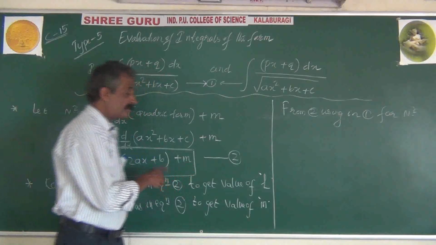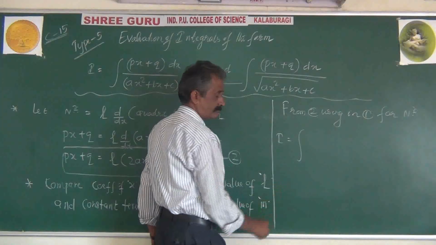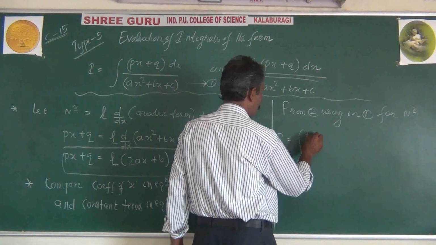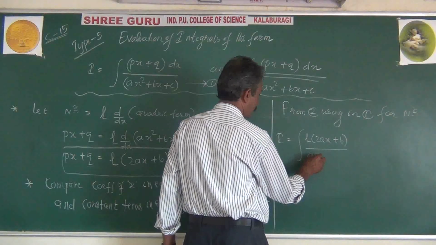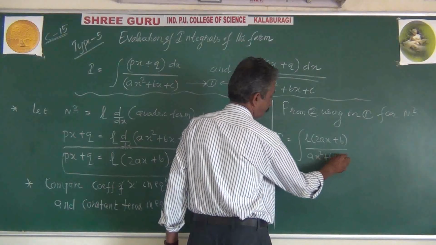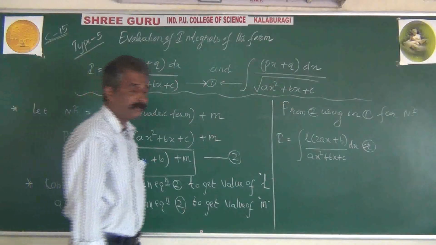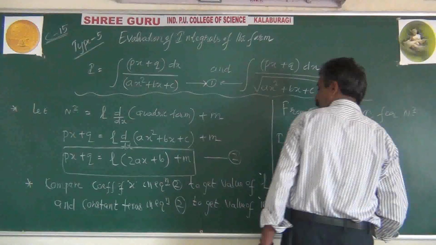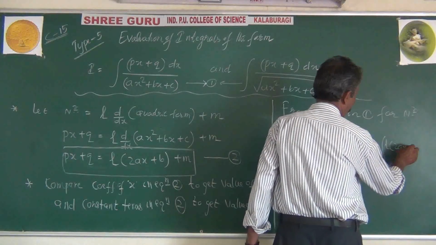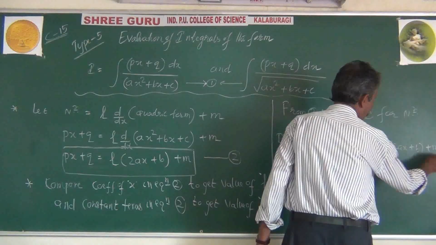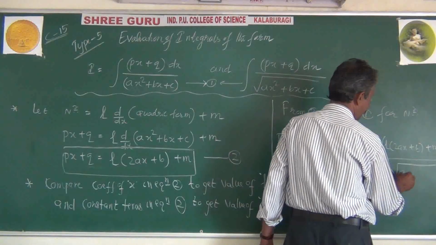With the use of the numerator from 2 in 1, our problem I becomes the integration of L into 2ax plus b divided by ax square plus bx plus c, or the integration of L into 2ax plus b plus m divided by root of ax square plus bx plus c.